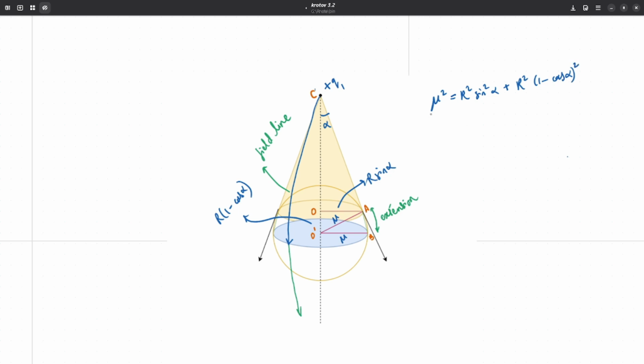Solving this, we find mu square to be r square sine square alpha plus r square cos square alpha minus twice r square cos alpha, which gives mu square to be equal to twice r square minus twice r square cos alpha, which gives us twice r square times 1 minus cos alpha.